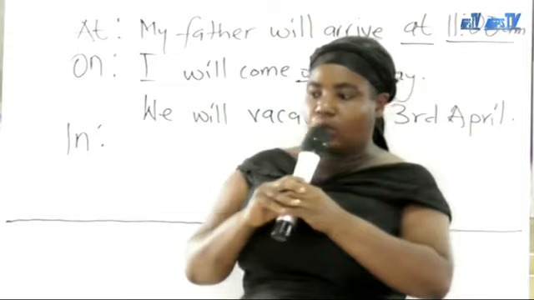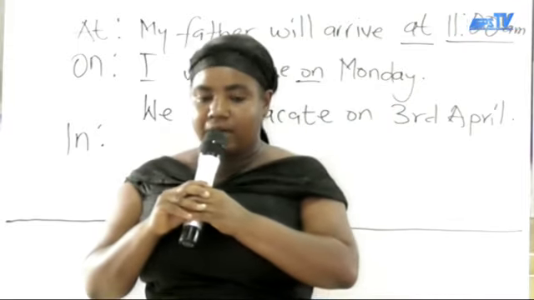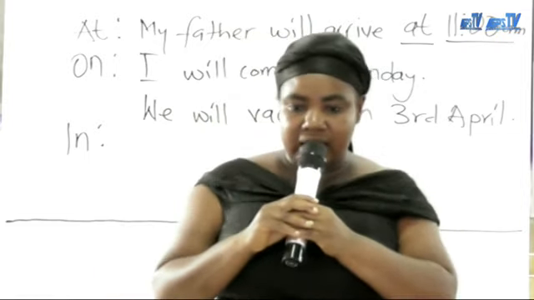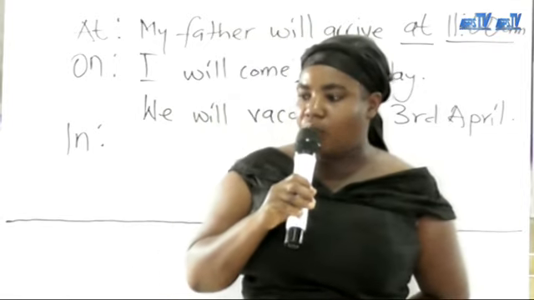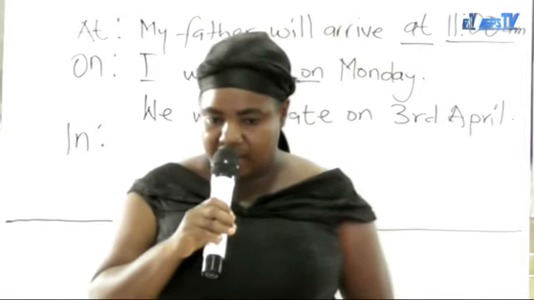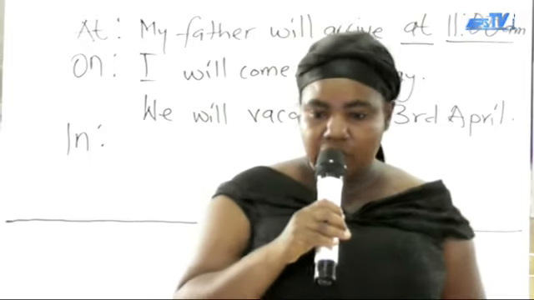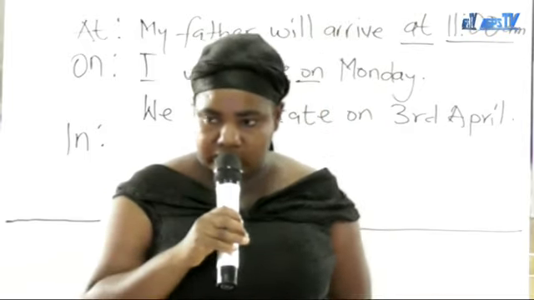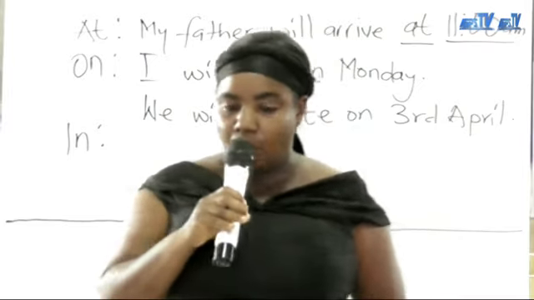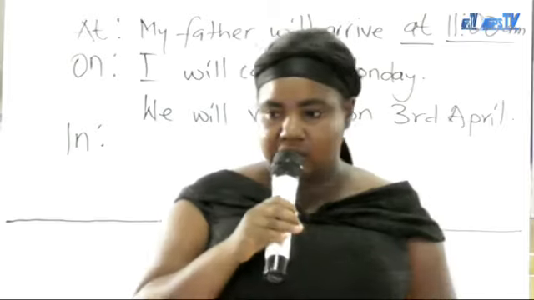Again, we can also say our headmaster is traveling to Accra. So the horse headed towards the river. In terms of movement, we have the horse headed towards the river.